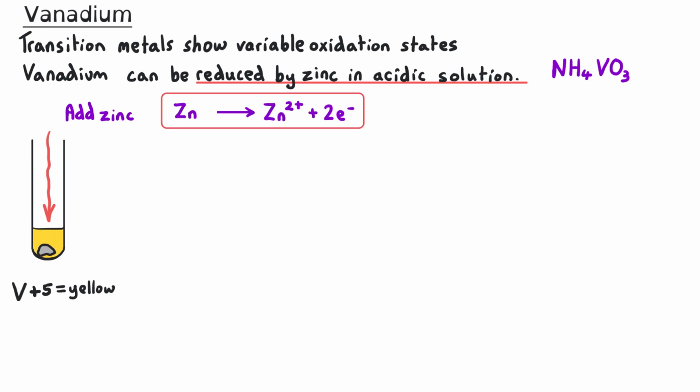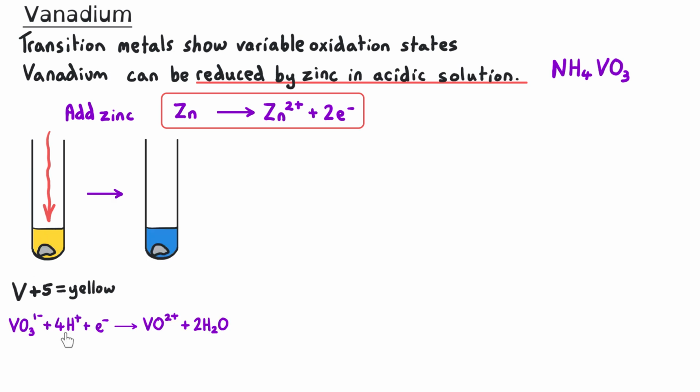And the zinc metal would be oxidized, it would lose electrons and produce these electrons, which can then be gained by the vanadium. Initially, vanadium is in an oxidation state of +5, which gives it its distinctive yellow colour. But then it can gain electrons in acidic solution and become a blue solution of VO2+, which has vanadium in a +4 oxidation state.